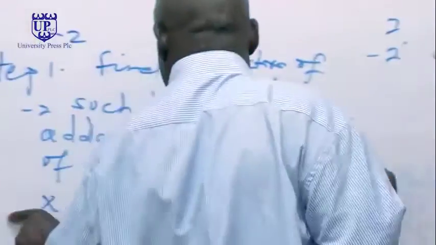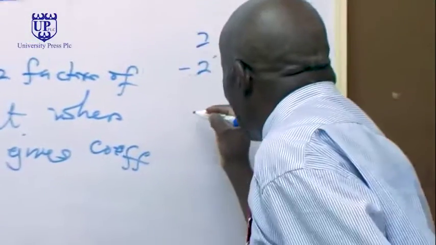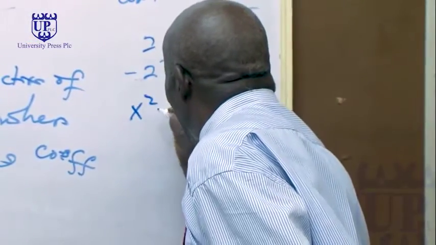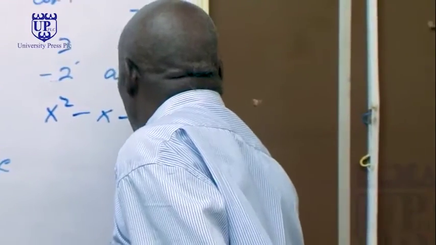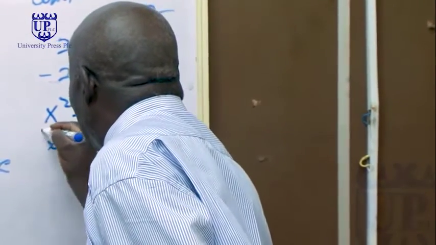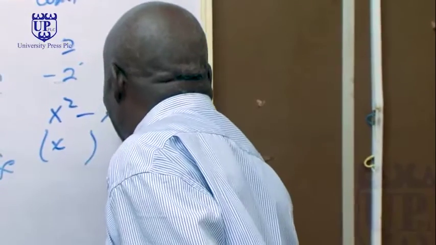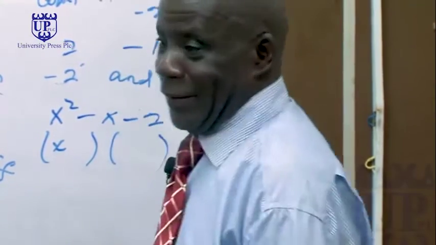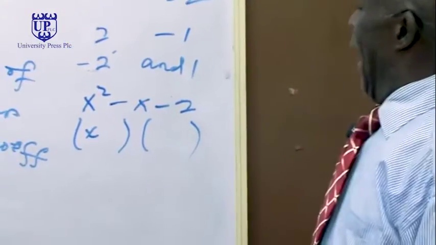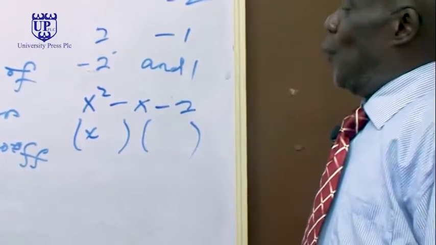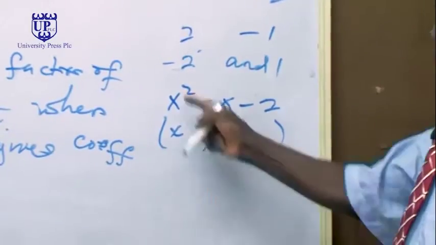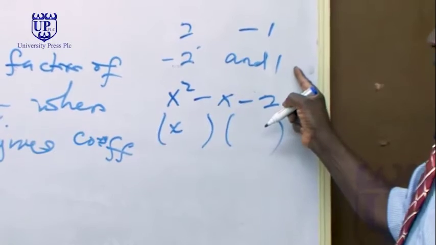You say x squared minus x minus 2 is the same thing as x, put a bracket, put another bracket. Now the two factors of minus 2 are minus 2 and 1.